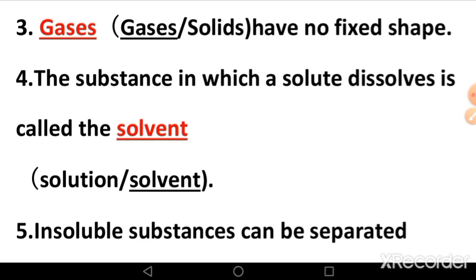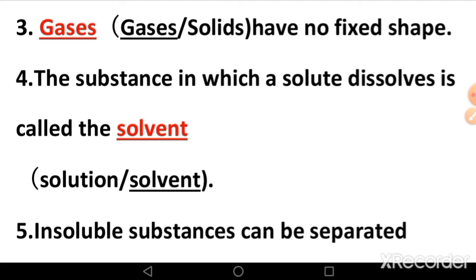Now fourth, THE, SUBSTANCE, IN, WHICH, SOLUTE, DISSOLVES, IS, CALLED, THE, SOLVENT.